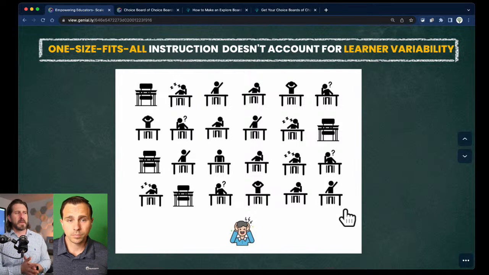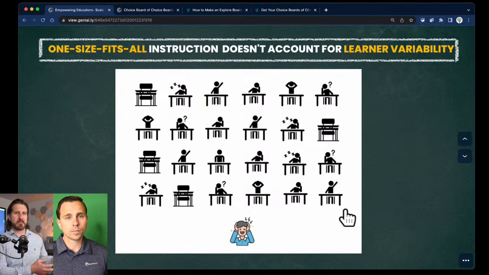And I know something that comes up a lot is, is this something new? No, it's definitely not new. One size fits all instruction has always been problematic, and people have been advocating for a shift in that model for a long time. But as we're seeing young people move away from this notion that even I had as a kid, that I had to get learning from a teacher, right?